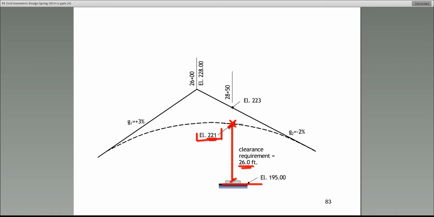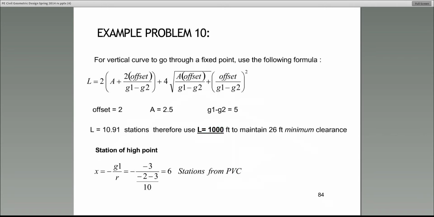All right? So this problem reduces to somehow forcing this vertical curve to have an elevation of 221 at the station 28 plus 50. All right, if you accept what I just said, then let me share with you an equation that will help you calculate what you need very easily.